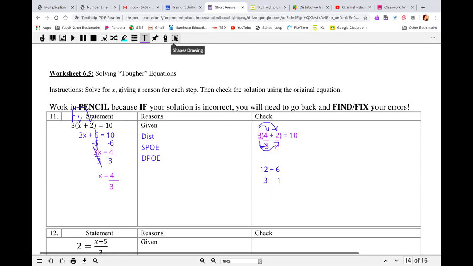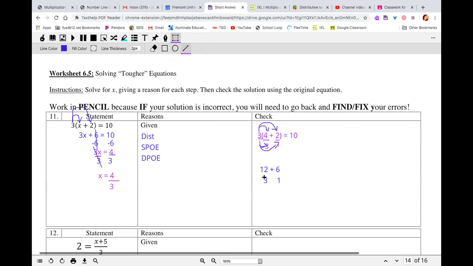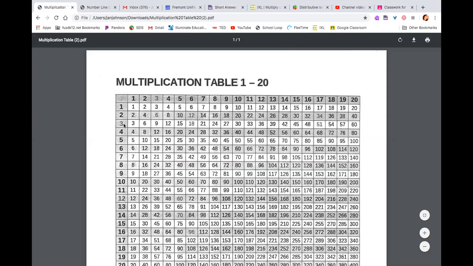Then we'll put our fraction lines back in here. Okay. So can I divide 12 by 3? Yes. What is it? 4. Sorry. So 3 goes into 12 4 times. Yes. All right.